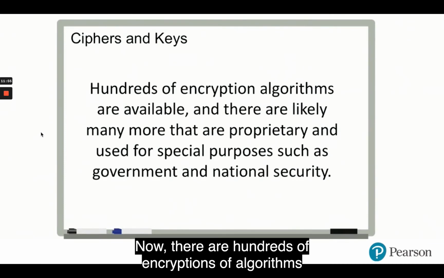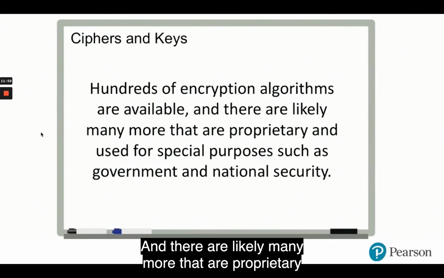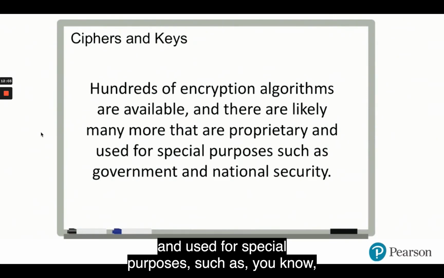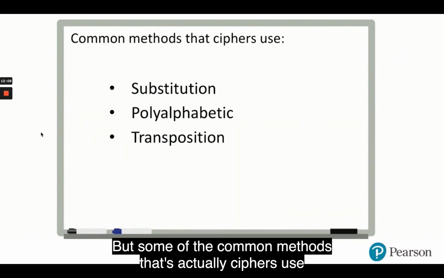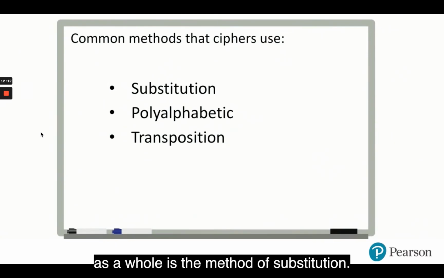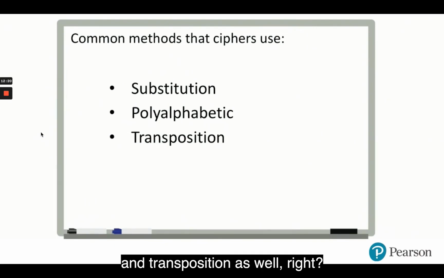Now, there are hundreds of encryption algorithms available out there, right? And there are likely many more that are proprietary and used for special purposes, such as government and national security. But some of the common methods that ciphers use as a whole are the method of substitution, another method called polyalphabetic, and transposition as well, right?